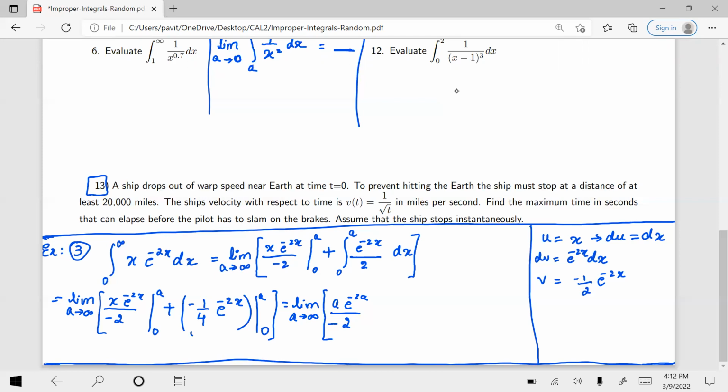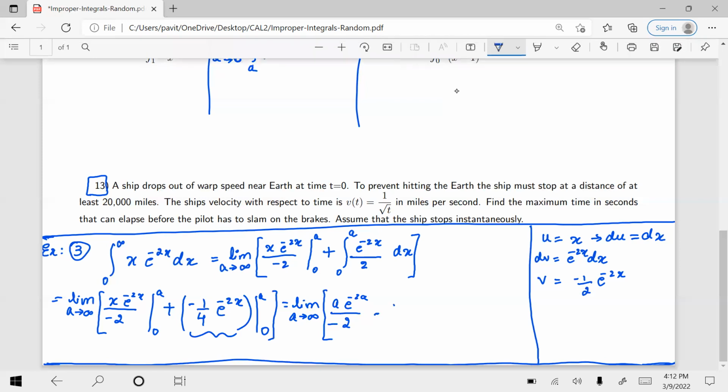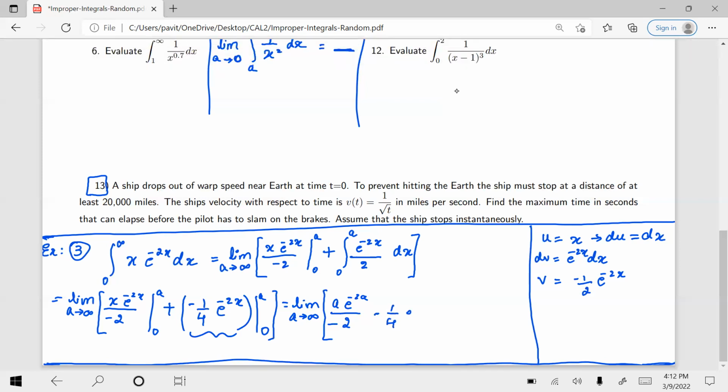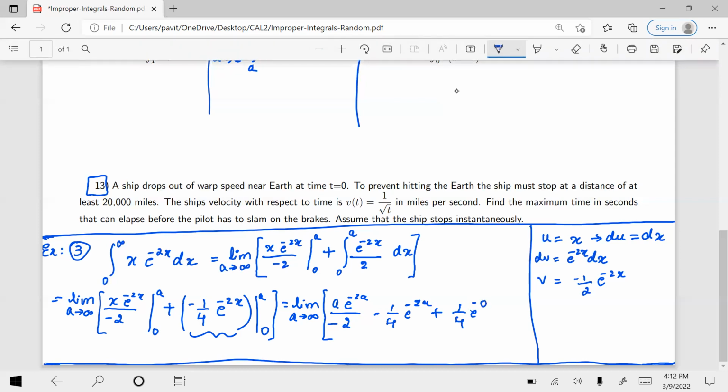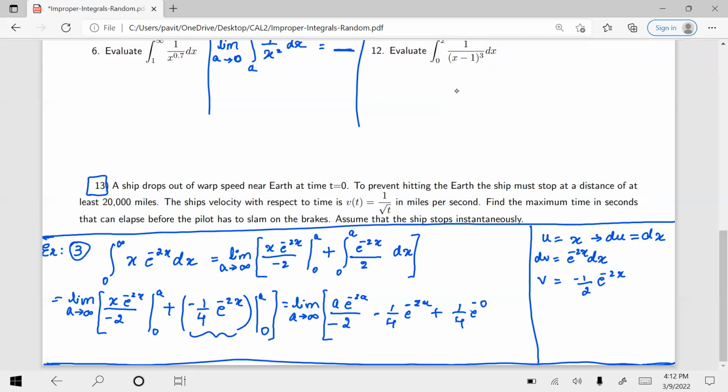And then for this term, upper limit, negative 1 by 4, e power minus 2a, and negative makes it positive. So 1 over 4, e power minus 0. I have negative here.